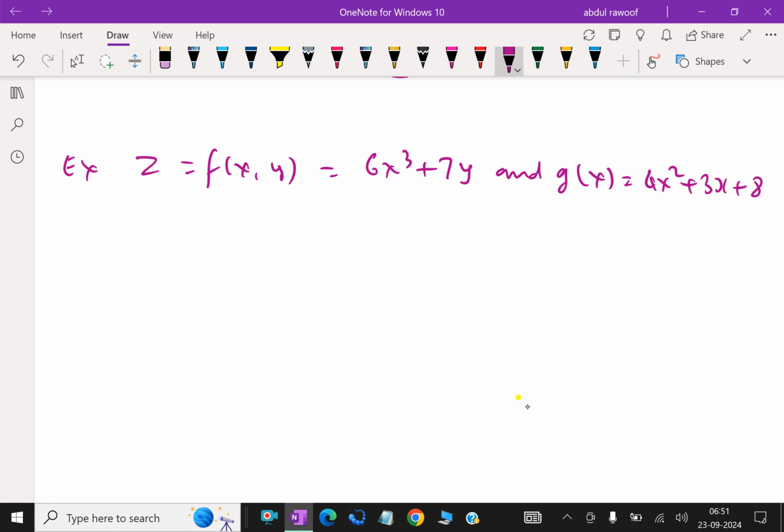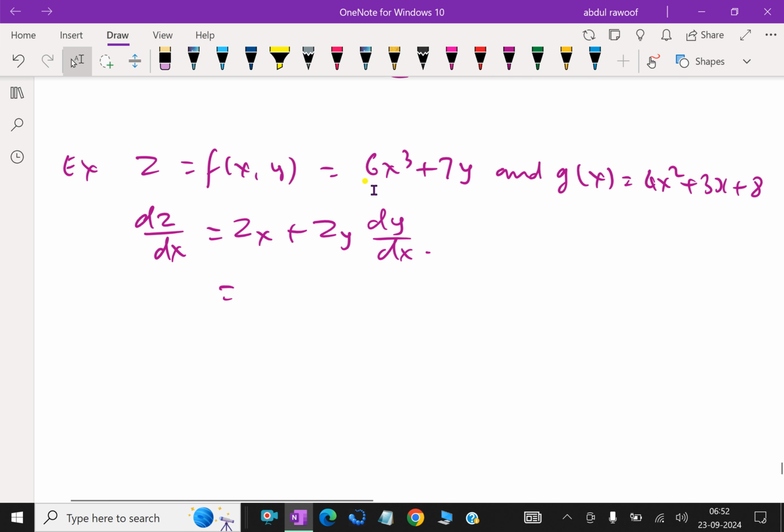Then we will start now. dz by dx equals zx plus zy dy by dx. Zx, the partial derivative with respect to x, is 18x square.